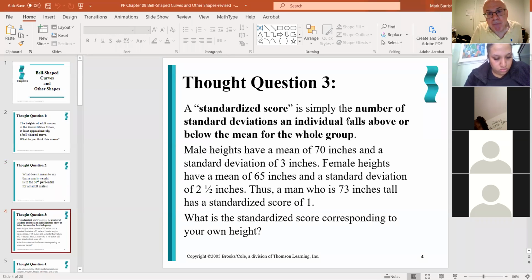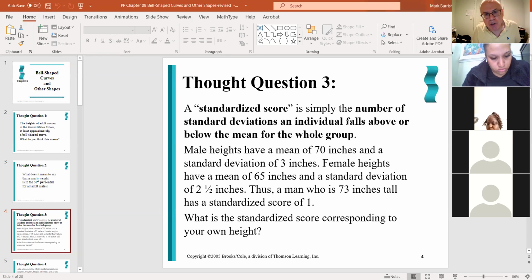Now, there's something called the standardized score. If we were weighing you, or taking your height, or some other numerical characteristic of you, that's called a raw score. Let me give you another example. If you were taking the SATs, it used to be, I don't know if it's true anymore, that each section of the SATs would run from 200 to 800, for the math part and the verbal part.